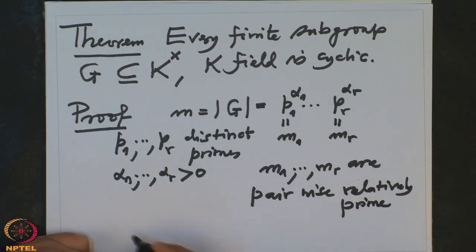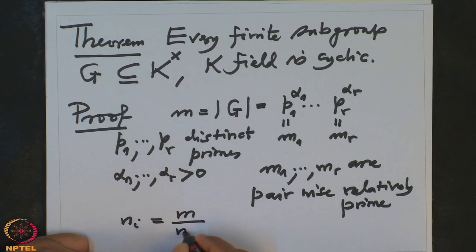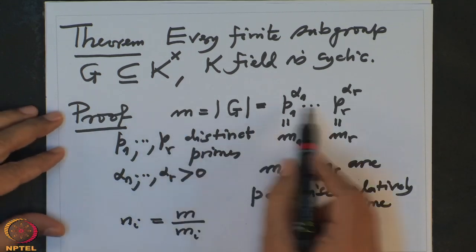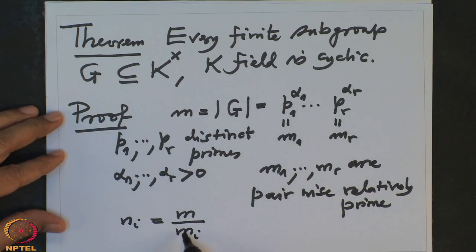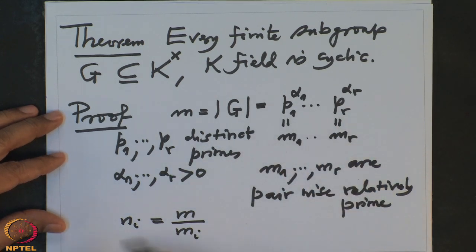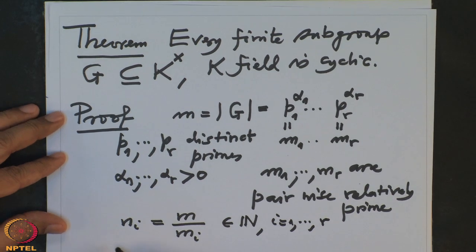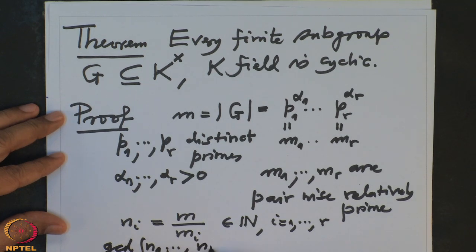Now I define ni to be equal to m by mi. M is the product, and I am omitting mi in the product. These are natural numbers, i from 1 to r. It is obvious that the GCD of n1 to nr is 1.